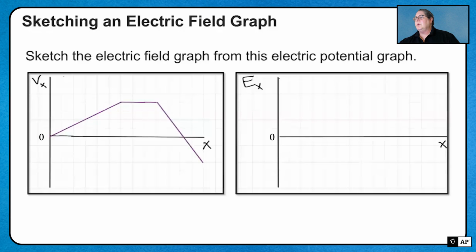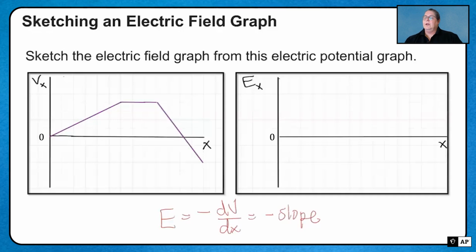So it's important to remember that the electric field is equal to the negative derivative, which means it's the negative slope. And if I look at this first section on the graph, that is a positive slope. So I have to take the opposite of that. That's what that negative piece means. So I'm going to have a negative value for my electric field in that section.